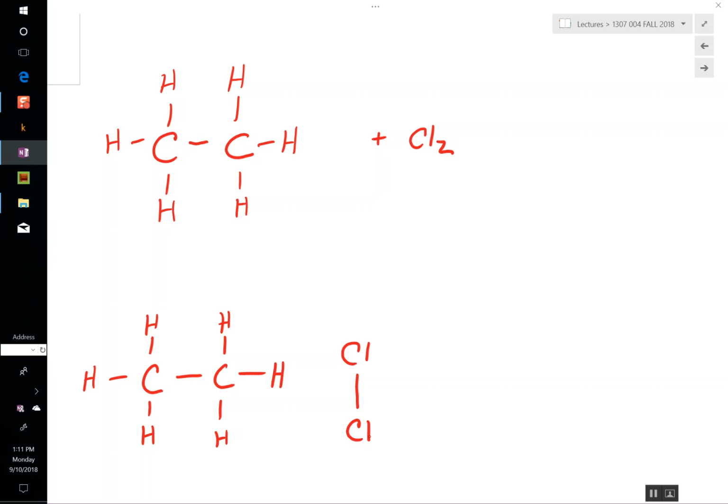Chlorination is an example of halogenation. So what happens is this chlorine takes that hydrogen's place, and this hydrogen actually is taking that chlorine's place. So we got that chlorine going on in the place where the hydrogen was, the hydrogen coming off.